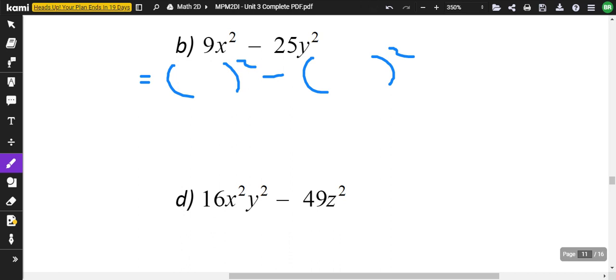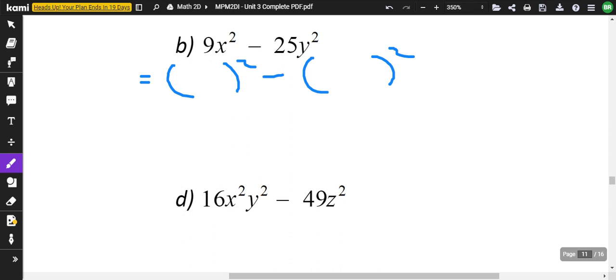I'm saying what was squared to make 9x squared? And what also was squared to get the 25y squared? So looking first at the 9x squared, sorry, did I say 9y squared? 9x squared.